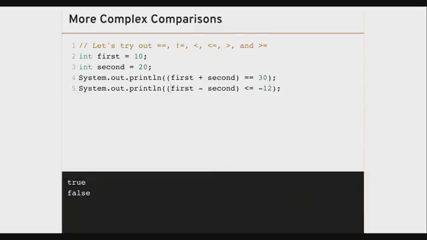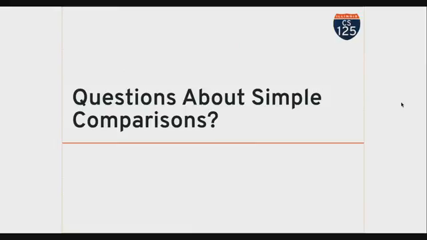Use parentheses the same way you can in a mathematical expression to be clear about what happens first. Now it's very clear to somebody reading your code that first and second get added. That's the first thing that happens. It's inside the innermost parentheses, and then that's compared with 30. Same thing in the bottom. Okay. Questions about these simple comparisons before we go on?